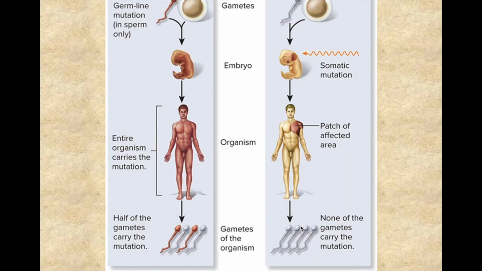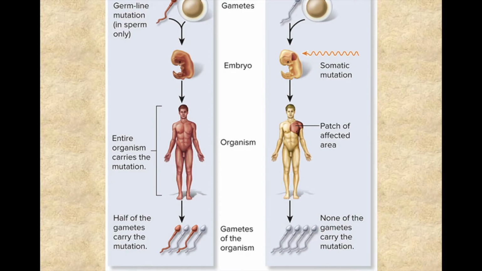All right, another thing we want to consider is where the mutation takes place. Does the mutation take place in a somatic cell? On the right-hand side, we've got somatic mutations. These are the body cells, the ones that have nothing to do with sperm and eggs.